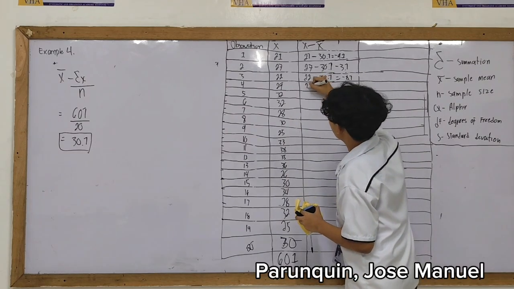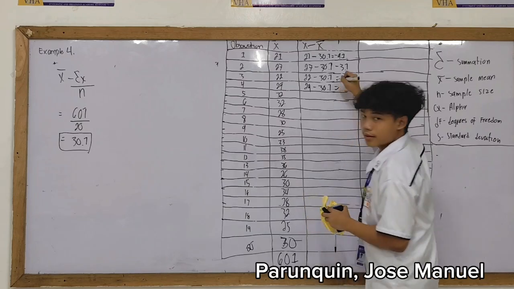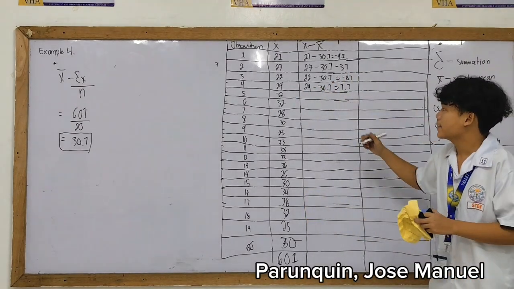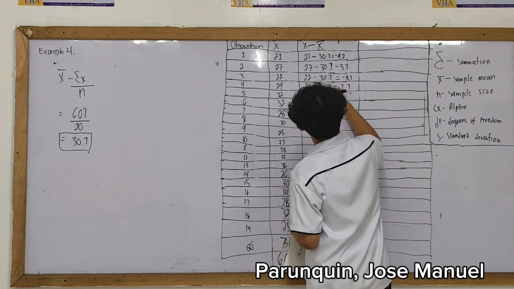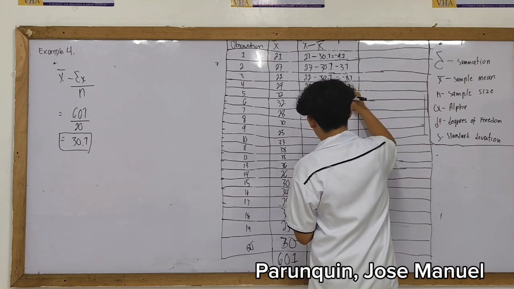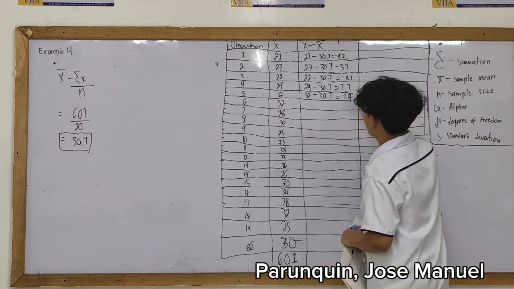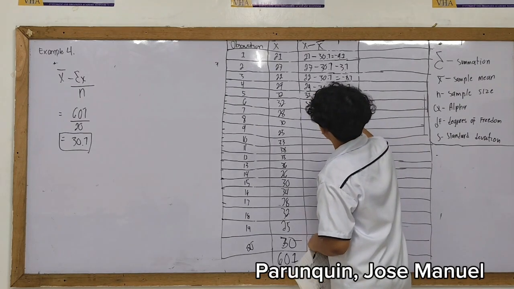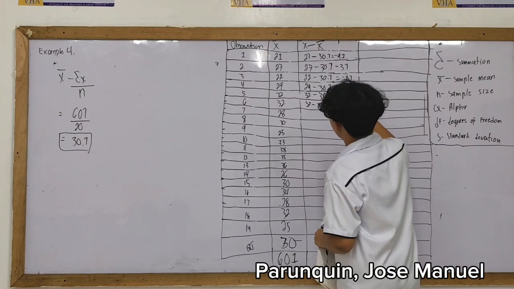So the next is 29 minus 30.1, negative 1.1. So the next is 32 minus 30.1. It will become positive 1.9. So the next is 32 again minus 30.1. It will become positive 7.9.